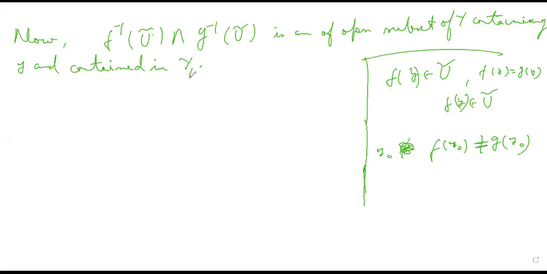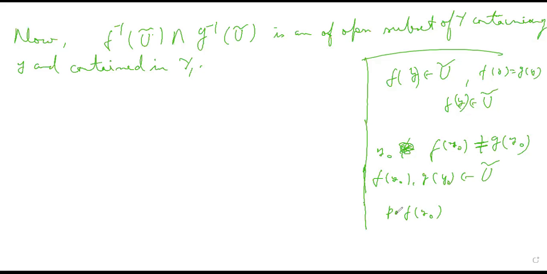Which does not belong to y1, right? But then if y naught is here, then y naught will be here as well as here. But then f y naught and g y naught both will be in u tilde, and p composed this.